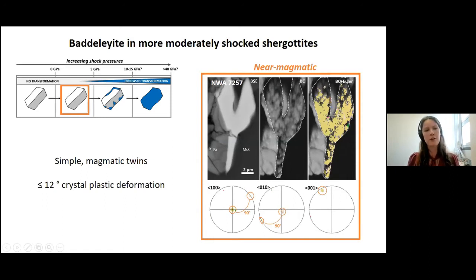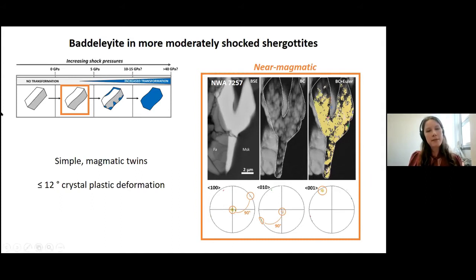The only evidence of shock is about 12 degrees of crystal plastic deformation and a kind of degraded crystallinity, which we can see here as darker areas within our band contrast. And these grains really are a testament of the shock heterogeneity that shergottites experience, because these things haven't seen more than about 5 GPa of shock pressure, even though we'd argue for a bulk shock pressure of about 30 GPa for the complete transformation of plagioclase to maskelynite.